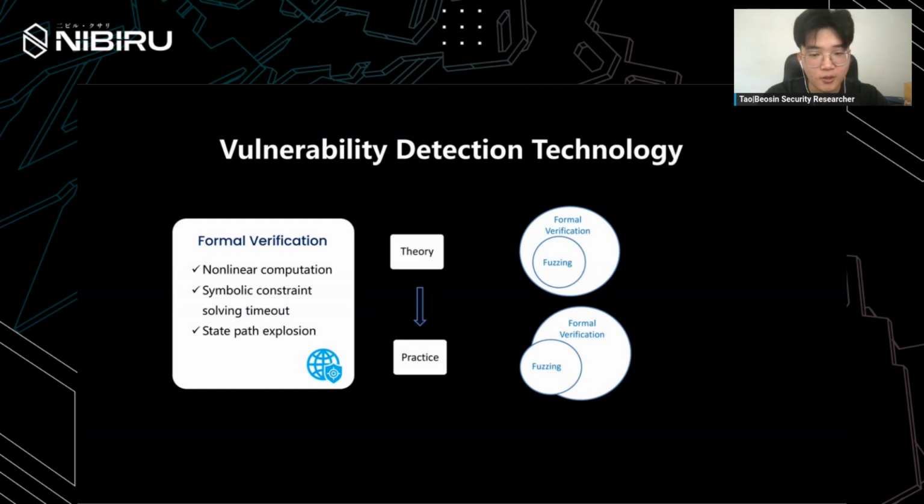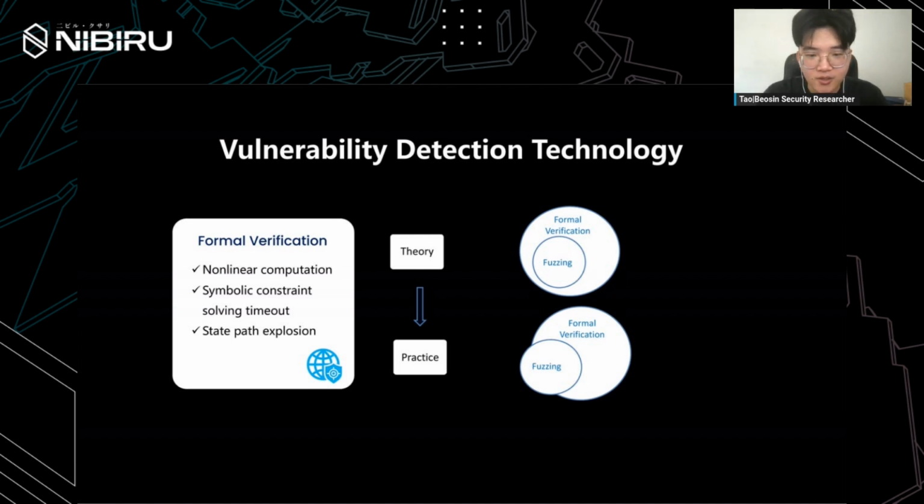It's almost impossible to use formal verification to analyze the code and find the bugs. That's the performance issue of formal verification.